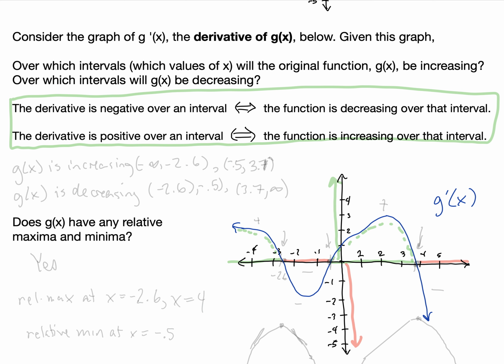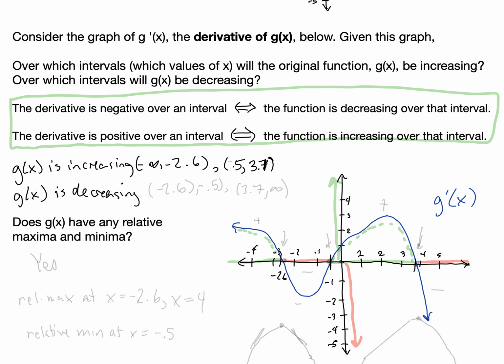So, okay, let's write that down. That means that the original function g of x is increasing over the intervals from negative infinity up to, that looks like maybe negative 2.6 or something, up to negative 2.6. And it's also increasing over the interval, maybe that's 0.5 to 3.7 or something. So 0.5 to 3.7. So it's increasing over those two intervals. And g of x, again, the original function, is decreasing when the derivative is negative.